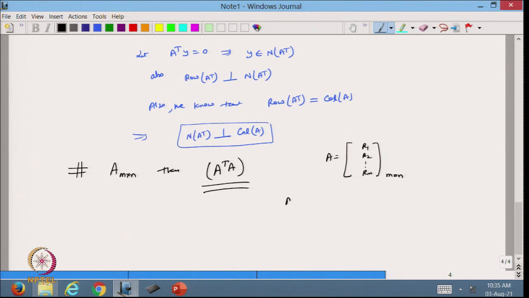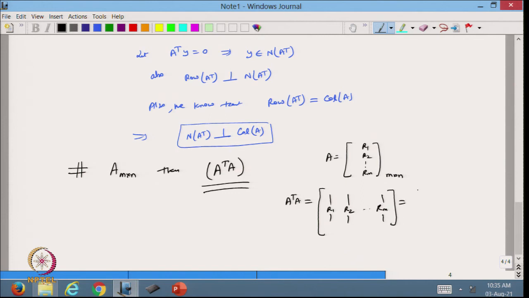Then if you see from here, A transpose A is basically, now the first row will become the column, R2 will become column, and Rm this one.